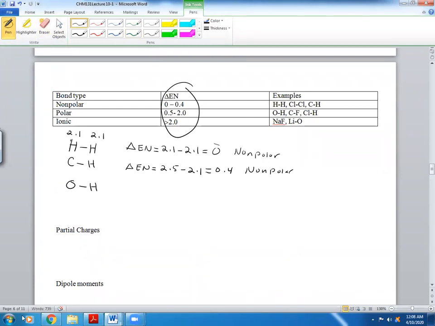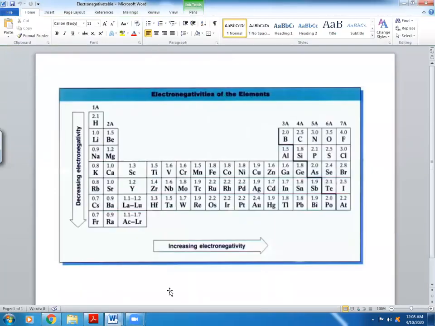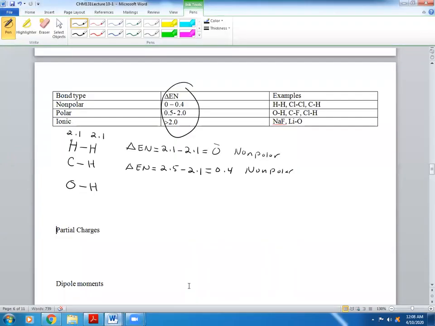Let's look up the electronegativities of O and H. H is 2.1, but O is 3.5. Delta means the difference. 3.5 for O, 2.1 for H. That's a 1.4. Let's see where that falls. That falls between 0.5 and 2, so that must be polar. So OH is a polar bond.